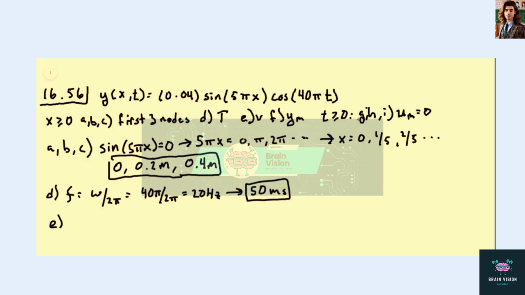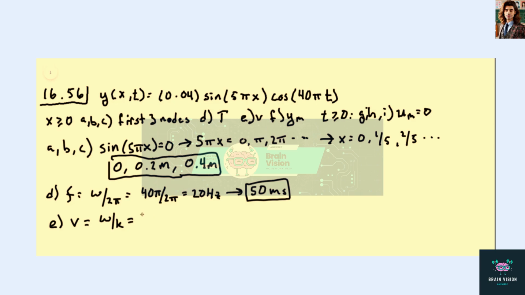So the two traveling waves that interfere to produce this pattern are going to have the same wave number and angular frequency as the standing wave they produce. So v is omega over k.